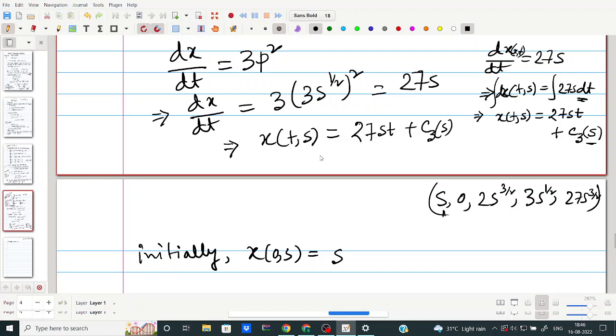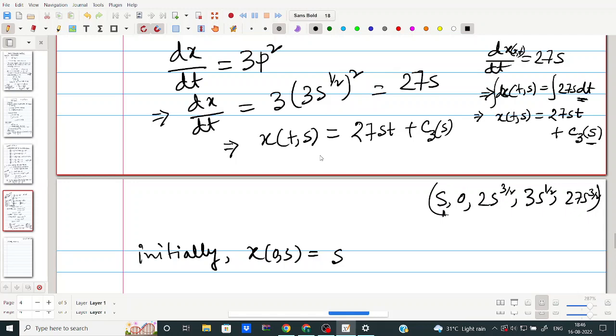Now question number 7: which one of the following 5-tuples is an initial strip at the point 1, 0, 2? So you have to find S, the value of S for which this 1, 0, 2 comes. You have to find the five-tuple along the point 1, 0, 2 initially on the datum curve.